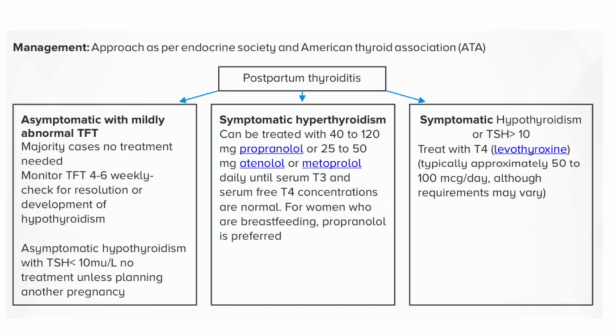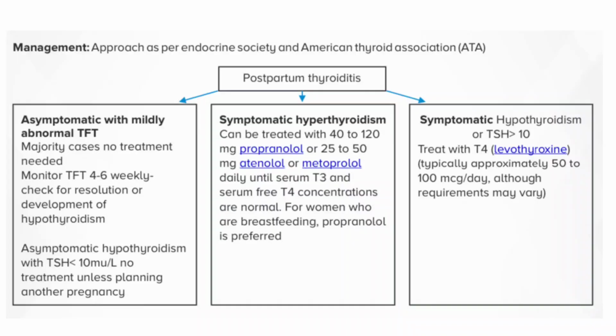Now management of postpartum thyroiditis includes: if the patient is asymptomatic and there is a mildly abnormal thyroid function test, then in the majority of cases we do not offer treatment, we just monitor with 4 to 6 weekly thyroid function tests. If the patient has hypothyroidism, meaning the serum TSH is increased but less than 10 milli international unit per liter, then no treatment is needed unless planning another pregnancy.